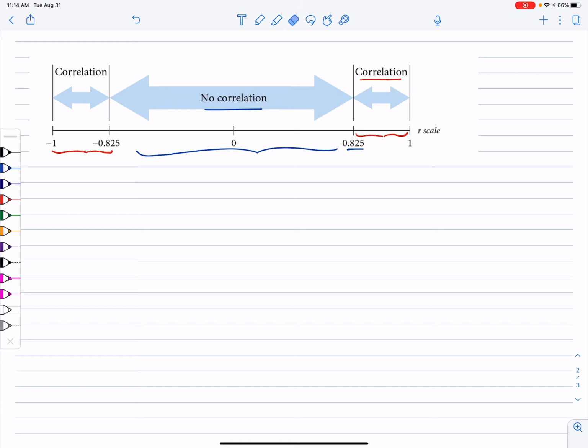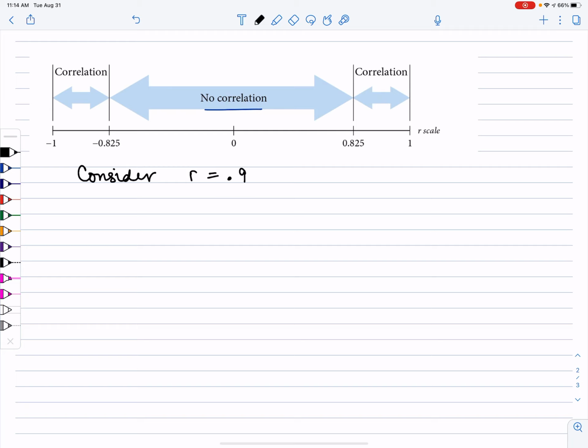So we can do a couple of things with this. Let's consider R equal to 0.921, let's say.